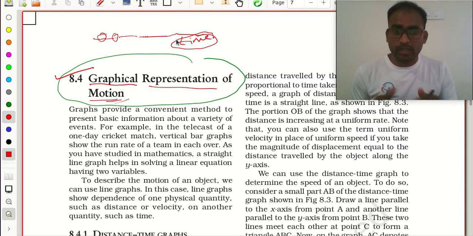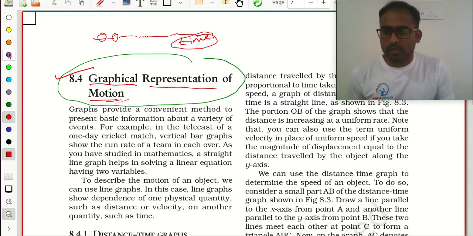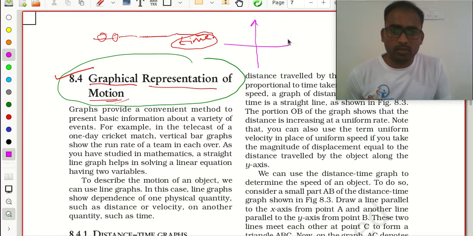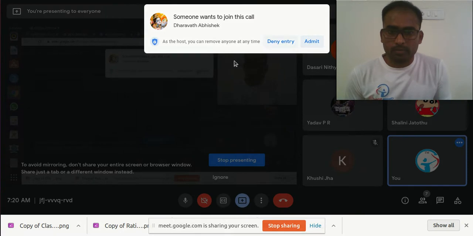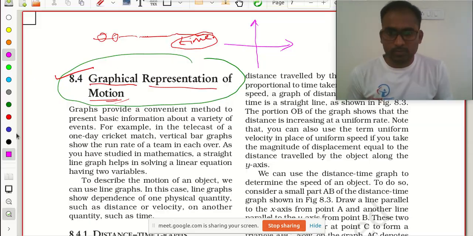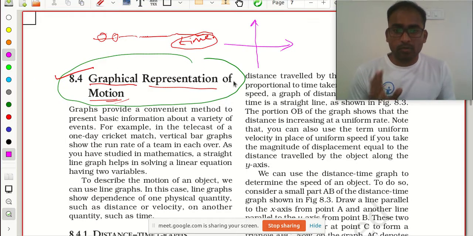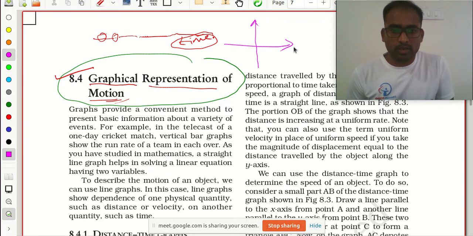Okay. So we need to show it on a graph now. Suppose graph means what? That is a coordinate system. In the graph we will be having two axes. I can name this as the x-axis and this is the y-axis, for your understanding.